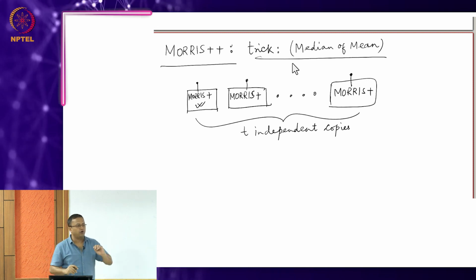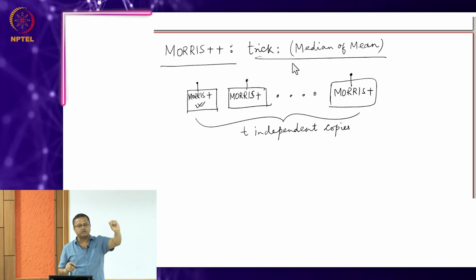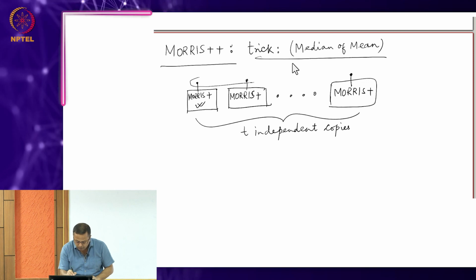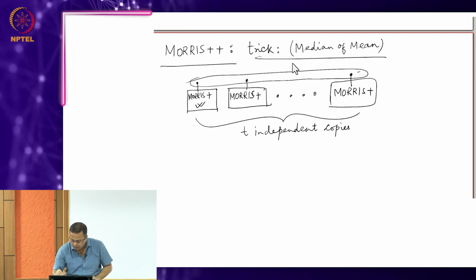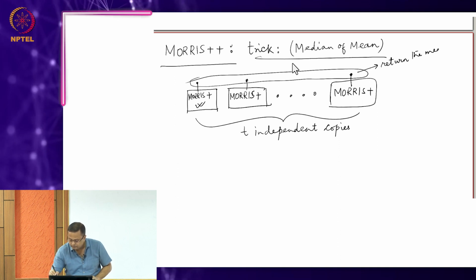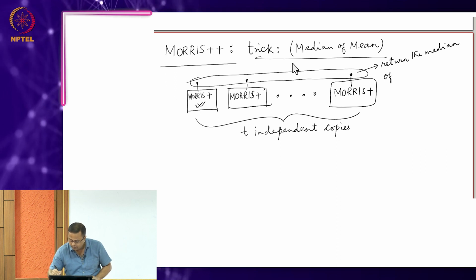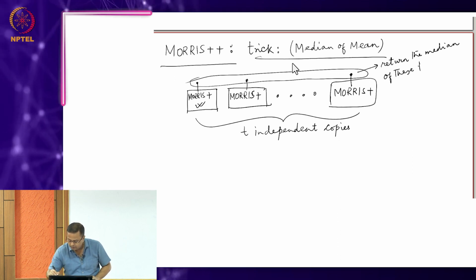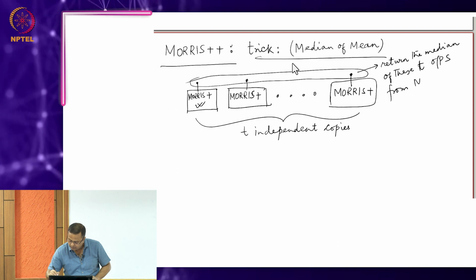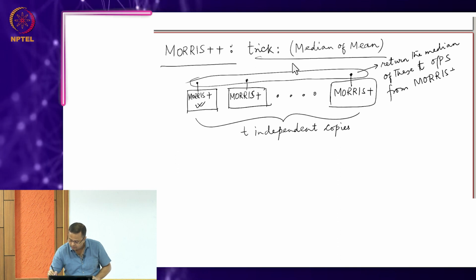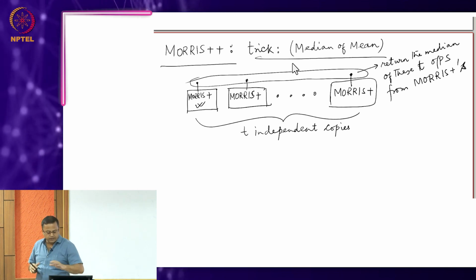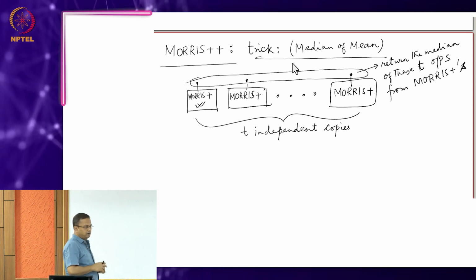Each Morris plus throws out an estimator, which is the sum of S independent copies of Morris. What I do now is return the median of these T outputs from the Morris pluses.